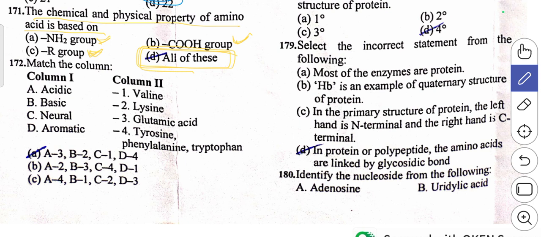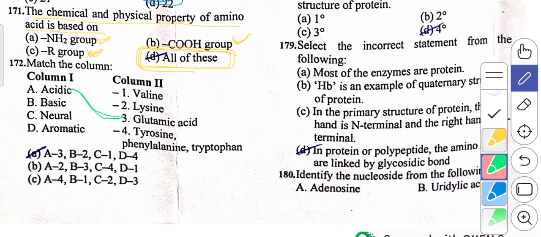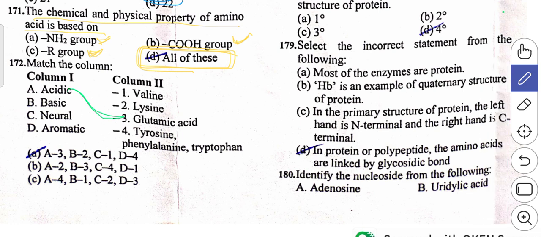Then they have given match the following. In column 1 they have given acidic, basic, neutral and aromatic. In column 2 they have given examples of the amino acids. So the first one, that is acidic amino acid, they have given an example in your textbook, that is glutamic acid. So basic amino acid will be your lysine.